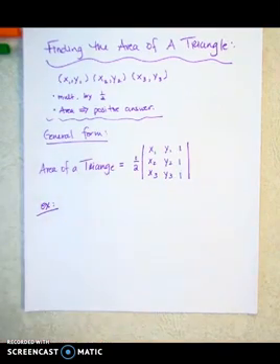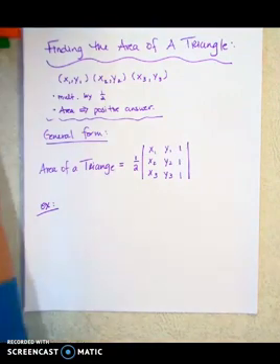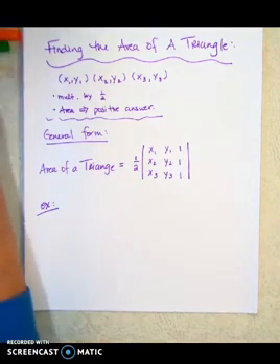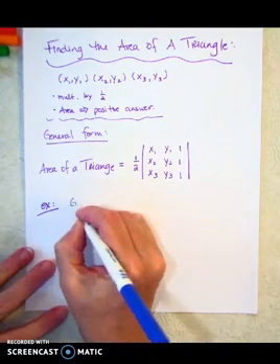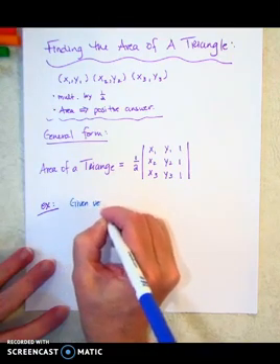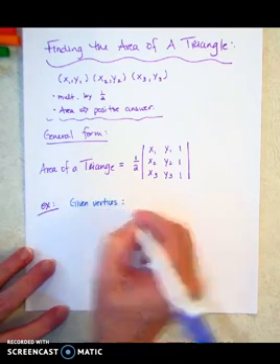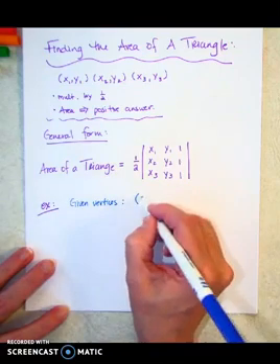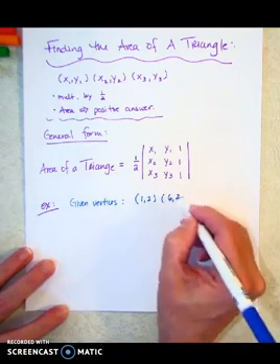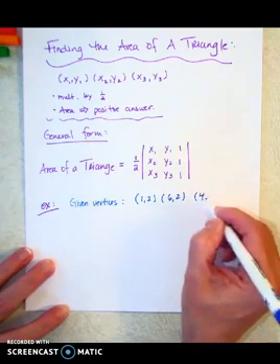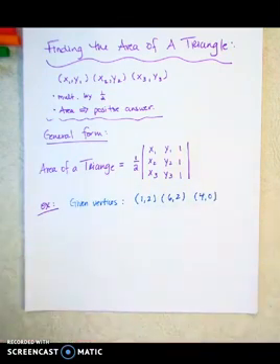I'm going to change color so that we know that it's different from our notes. So if we look at an example, and let's say that we have the given vertices, 1, 2, 6, 2, and 4, 0.